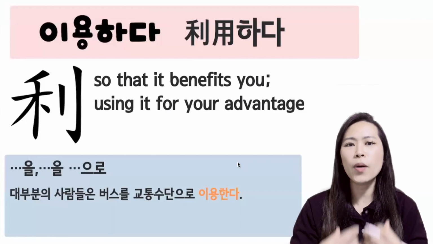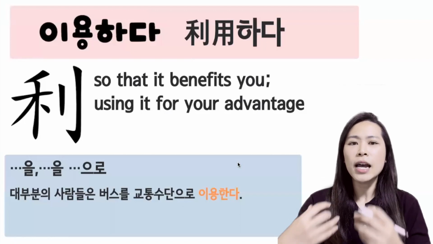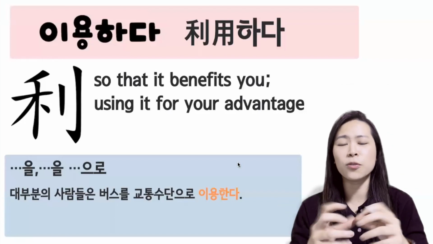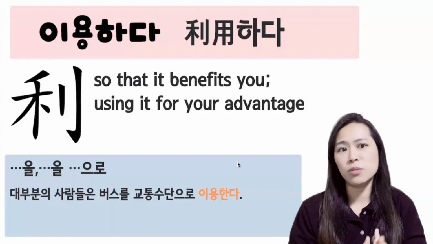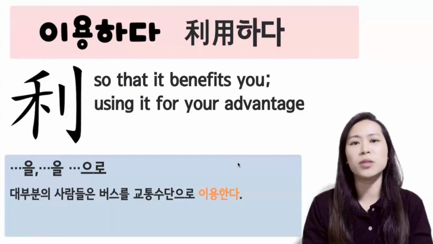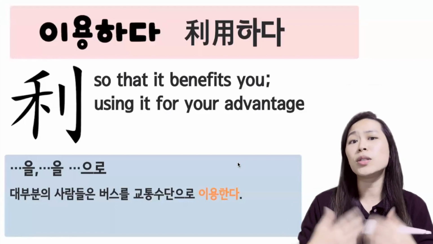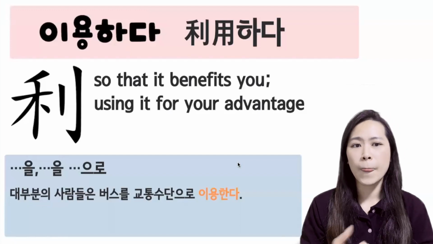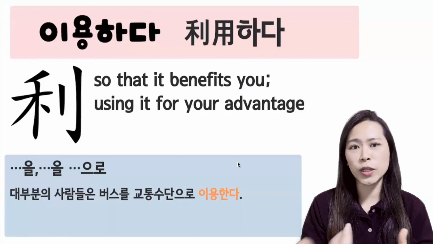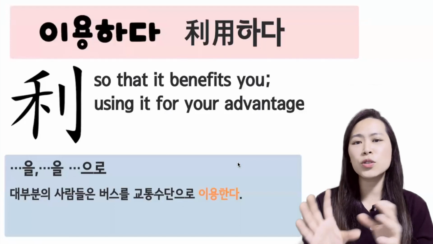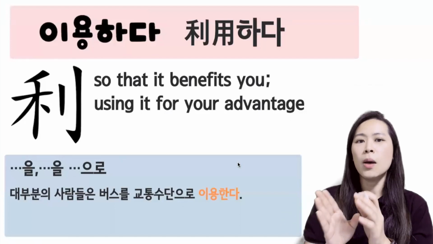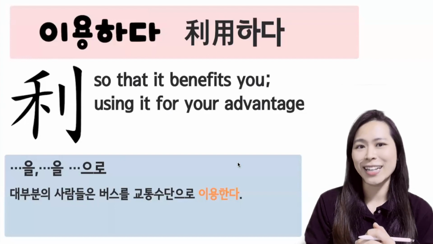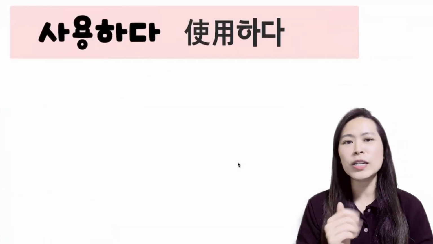So most people use the bus as a means of transport. 으로 means via, so via a transportation means. And what do they use as a transportation means? They use the bus. 버스를 교통수단으로 이용해요. This is how you use it with 으로. It's usually 뭐뭐을 or 뭐뭐으로 or 로, depending on the 받침, with 이용하다. Now let's look at 사용하다.